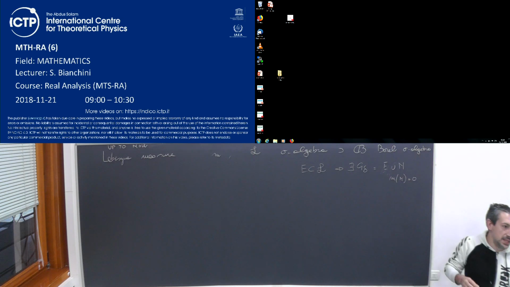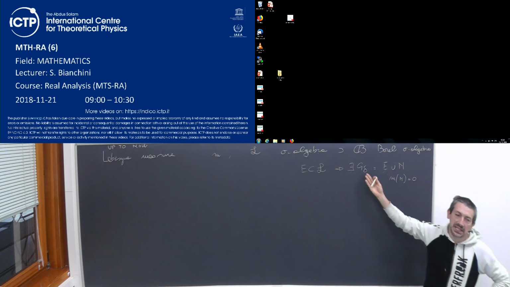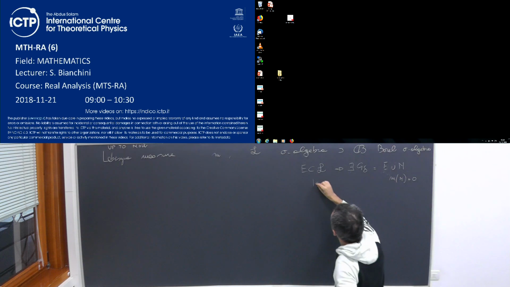So essentially, from the point of view of the measure, every set in the sigma algebra is basically a G delta set. So this is the first regularity.